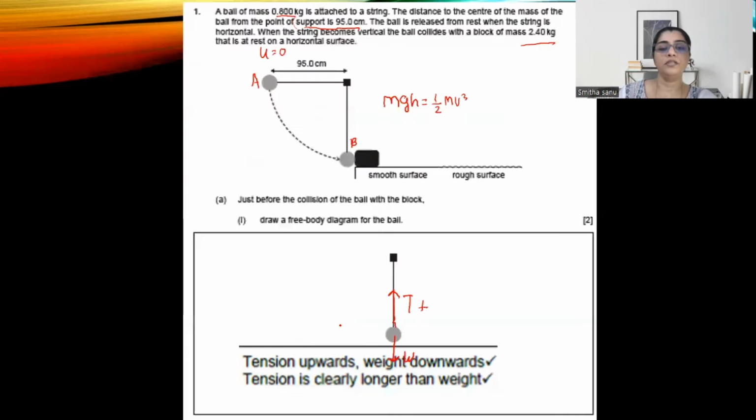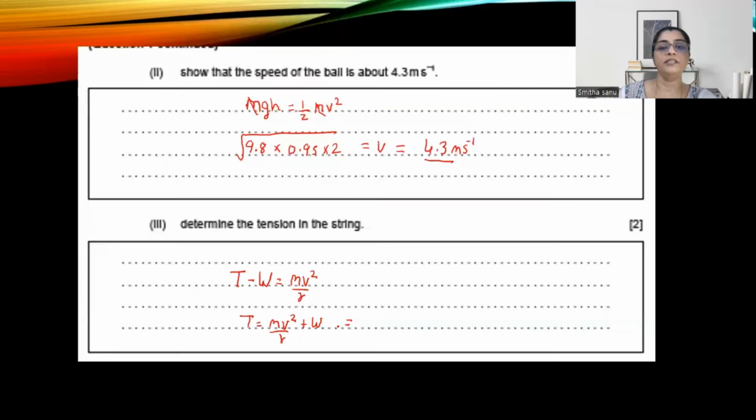So you see the mass of the block is 0.8 kg. So 0.8 into 4.3 square over 0.95 plus 0.8 into 9.8.